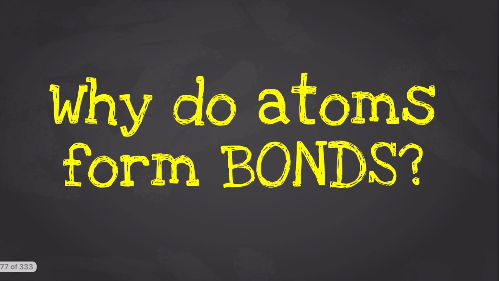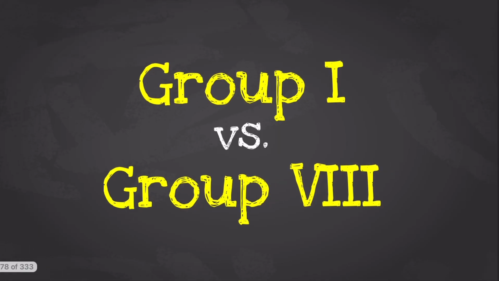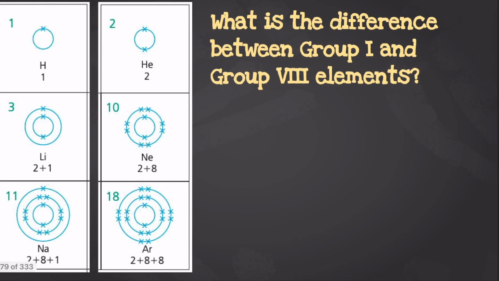So why do atoms form a bond? Now let's look at group 1 and group 8 elements. So what is the difference between group 1 and group 8? If you look over here, group 1 atoms have one electron in the outer shell, so it's very unstable. For example, this first shell can take two electrons, but there's only one.